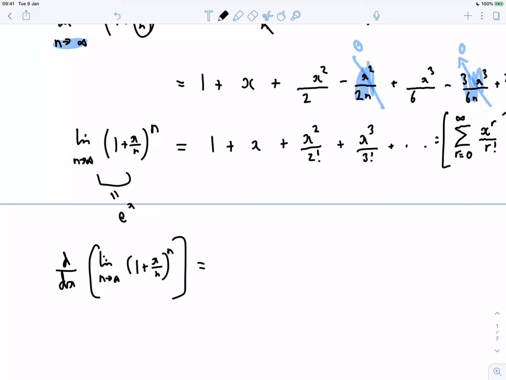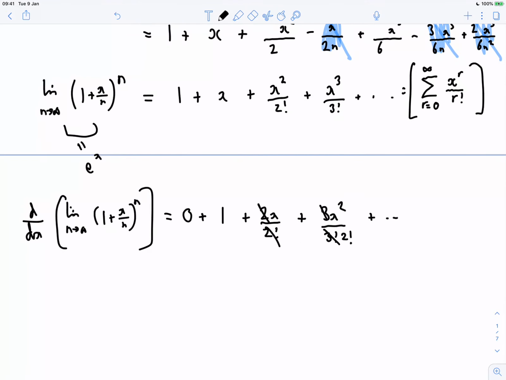Well, 1 disappears to 0, x becomes 1, x squared over 2 factorial becomes 2x over 2 factorial, and the 2 and the 2 factorial cancel. The x cubed becomes 3x squared, and this is still over 3 factorial, but 3 factorial is 3 times 2 times 1, so the 3 and the 3 factorial become a 2 factorial, and so on and so on. Look what happens.